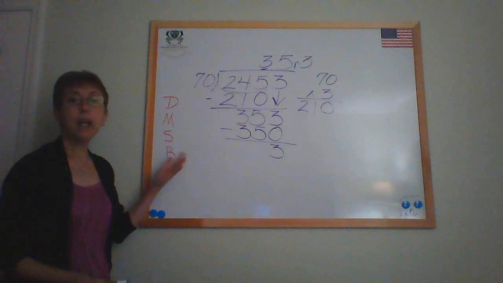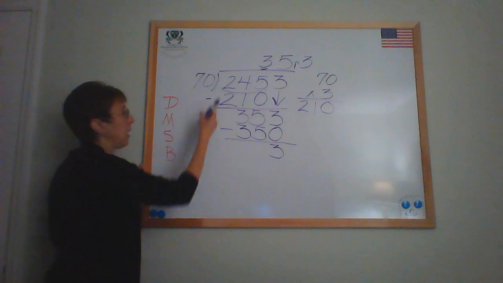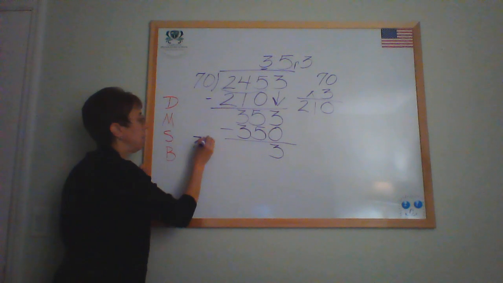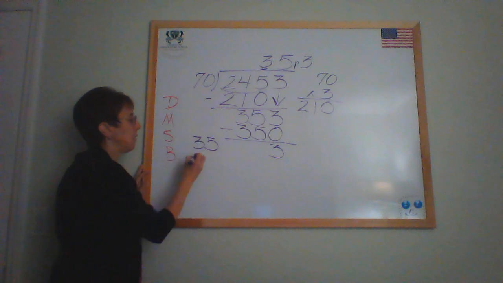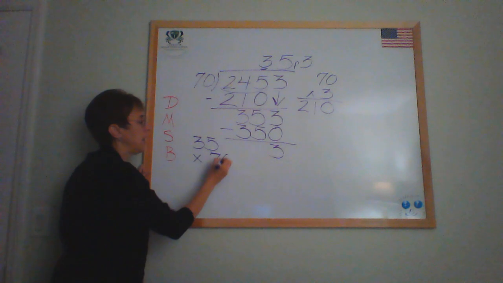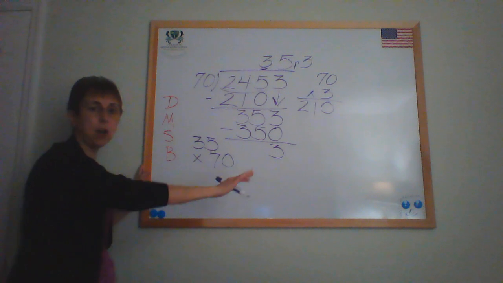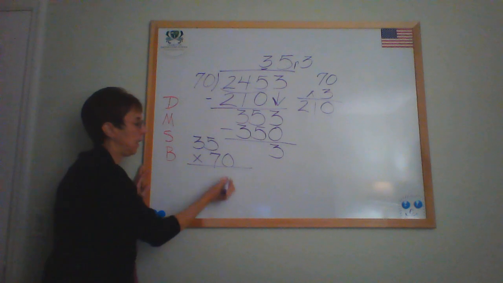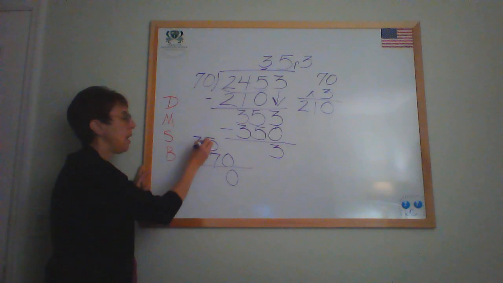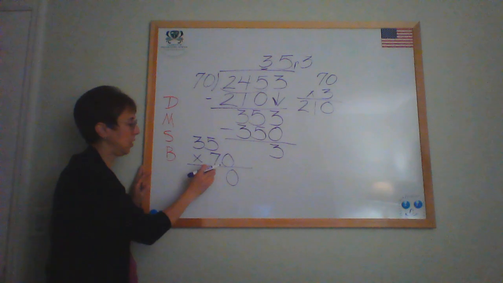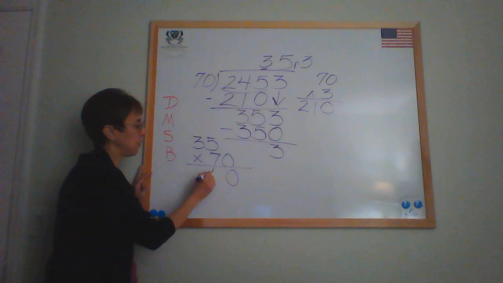And now go back and do that multiplication checking. Our quotient, 35, times the divisor, 70. We're going to let that 0 hang off, because then we can just bring it down in the product, and then we have some simple multiplication here. 5 times 7 equals 35.